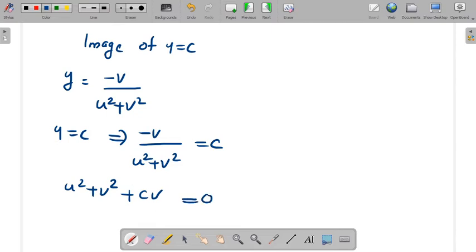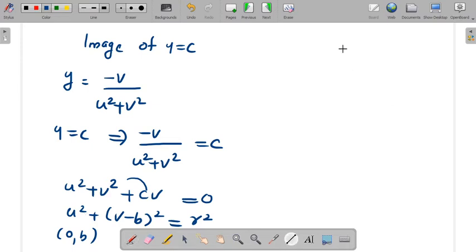As we mentioned before, the coefficients of u square and v square are the same. This represents a circle. There is no constant term, so the circle passes through the origin, and it can be written as u square plus v minus b the whole square equal to r square. That is completing the square here so that the center is (0, b), a point on the imaginary axis. U equal to 0, that means imaginary axis.